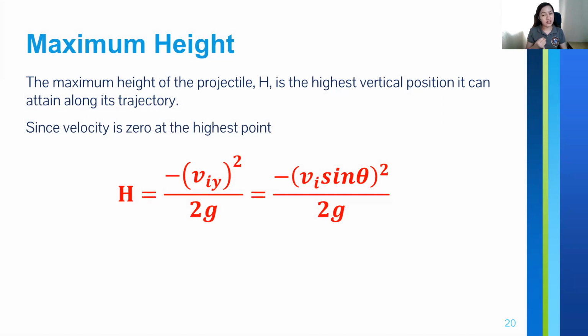Of course, again, the initial velocity and the launch angle. So since velocity is 0 at the highest point, the velocity that I'm talking about here is not the resultant velocity, but kay vertical man siya, height man siya, we are just talking about here the vertical component of the velocity.